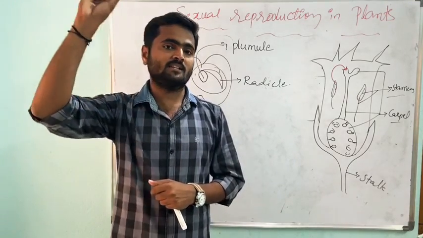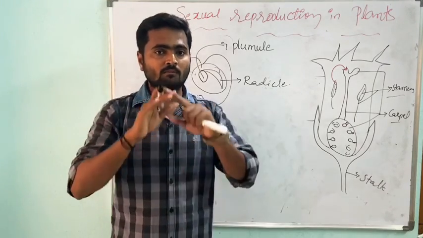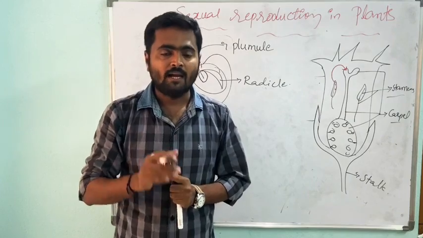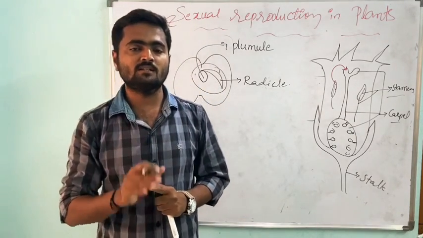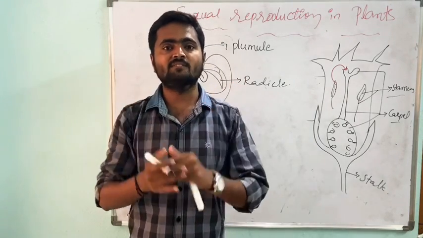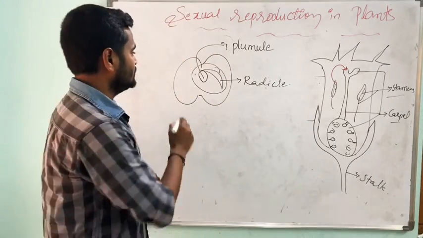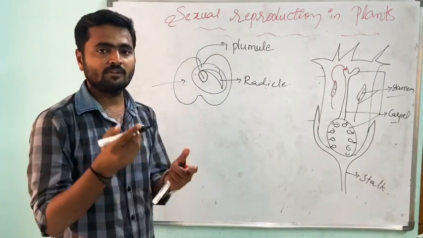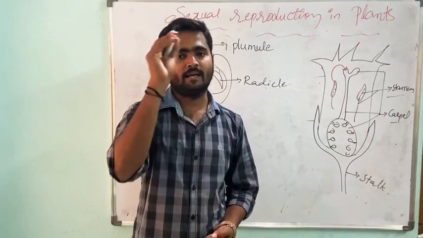Male gametes reach the stigma, and from there they reach the ovary. Fertilization takes place, and after fertilization, zygote formation takes place. Because of many cell divisions, the zygote develops into an embryo, and the embryo develops again into a seed. If we sow the seed, again a plant will come. So this is the life cycle of a plant.